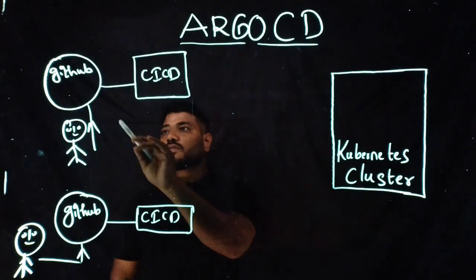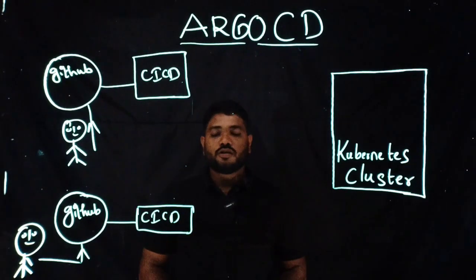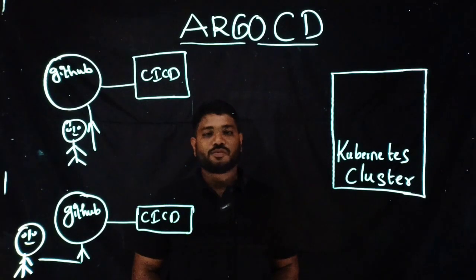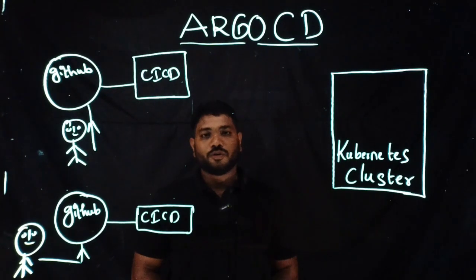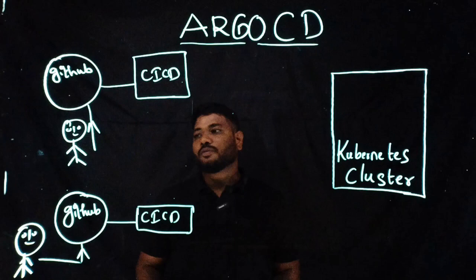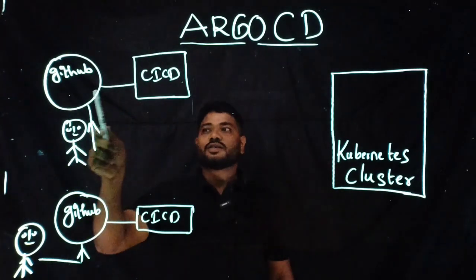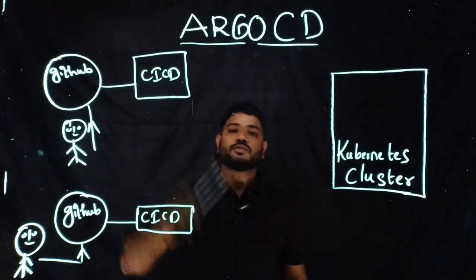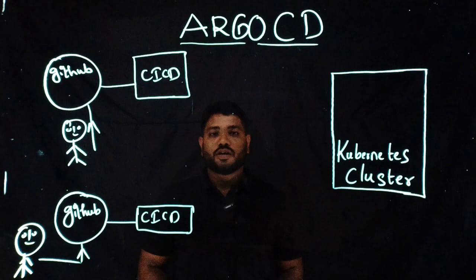Here we have a developer who pushes the source code into GitHub. If you are using container-based deployment, you usually keep the source code along with your Dockerfiles and your Kubernetes manifest files. The developer pushes the source code into GitHub, and usually this GitHub repository is connected to a CI/CD tool such as Jenkins, GitLab, or Azure DevOps.